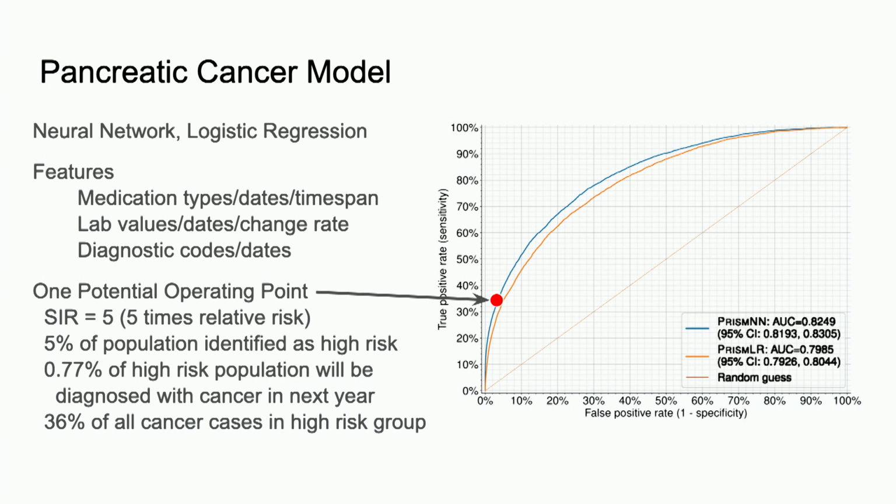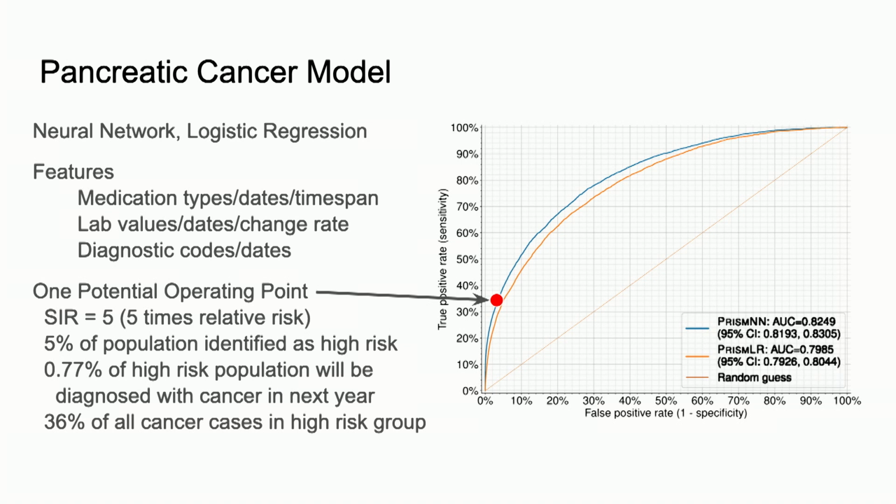Now, what are the features we're looking at? Medication types: if you're prescribed a medication that's in your medical record, that's one of the features we look at. Lab values: you go in, they draw blood, they measure various things about your blood test. Those are more values we look at. And finally, diagnostic codes. So we can operate this model anywhere along this AUC curve, and the trade-off is that you get more people, but you also have higher false positives.